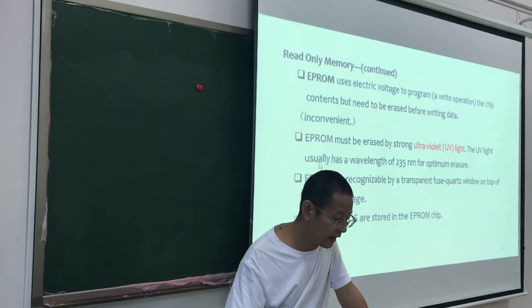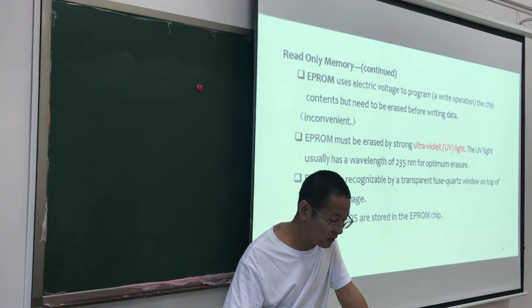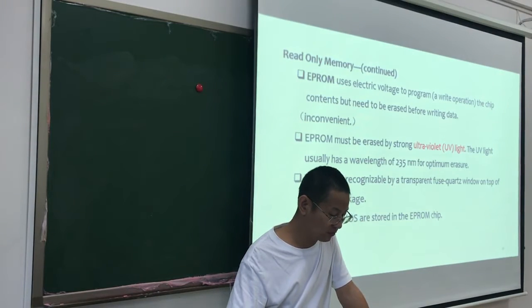The UV light usually has a wavelength of 235 nanometers for optimum erasure. EPROMs are recognizable by a transparent fused quartz window on top of the chip package. If you find a chip has a window on top, maybe it's EPROM. All the PC BIOS are stored in the EEPROM chip.